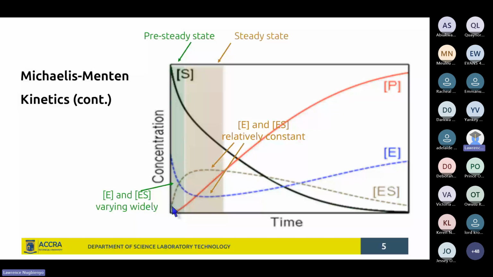But as the reaction begins to proceed, you have the enzyme substrate complex increasing all the way until it gets to a point where all the enzyme molecules are getting saturated, occupied by substrate molecules.